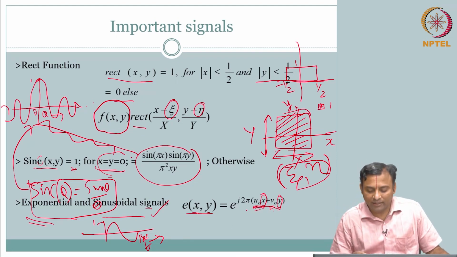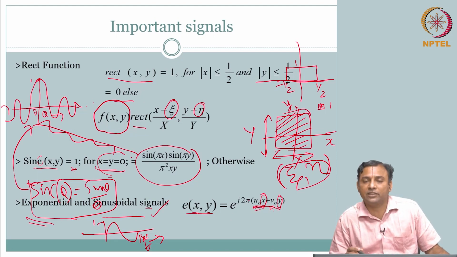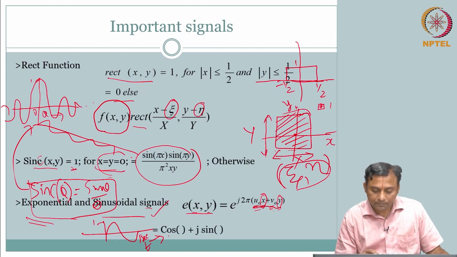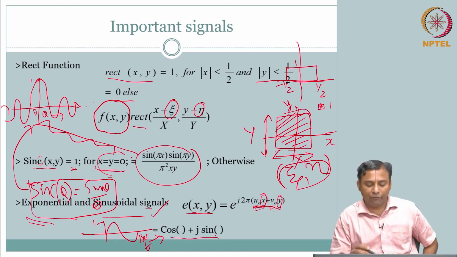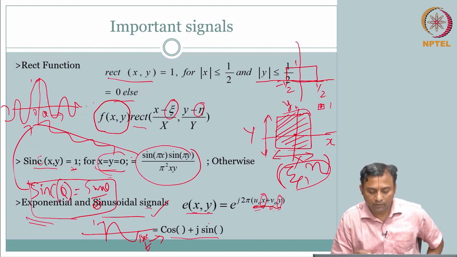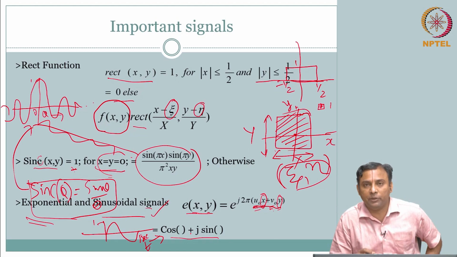Before that, let us just make it a little more explicit. You can write exponentials and sines, you know the relationship between exponential and how you write it in terms of cosine and sine, right. It is e power j theta is cos theta plus j sin theta, right. So, you can write that, and therefore you see the relationship between exponential and sinusoid. By combination you can get sinusoid in terms of exponentials, cosinusoid in terms of exponentials, right.